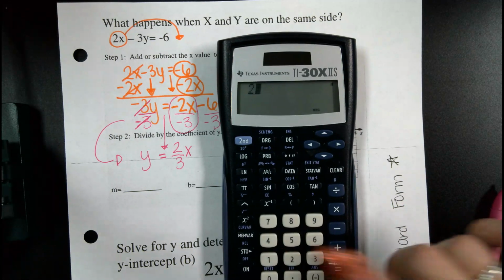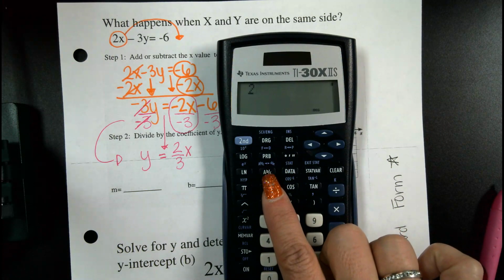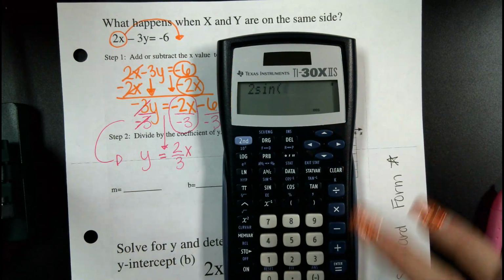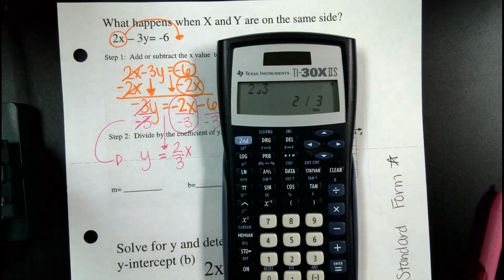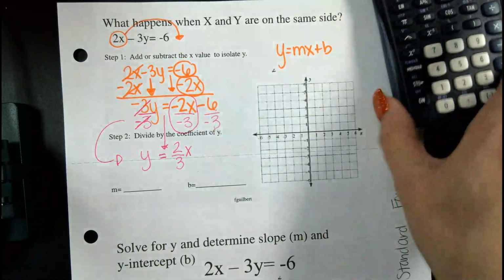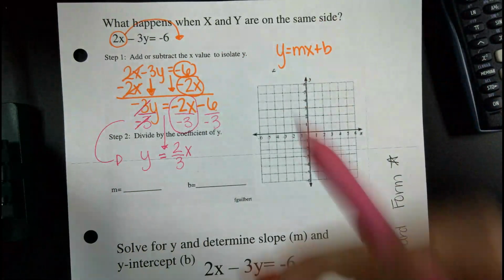But to see if 2/3 reduces, hit the number 2. Then you want to hit this ABC button, and then hit the 3, and then hit equals. If it reduced, that 2/3 would have just changed. Well, obviously it didn't change, so we're going to leave it as 2/3, okay? If it did reduce, it would show you the reduced form, okay?